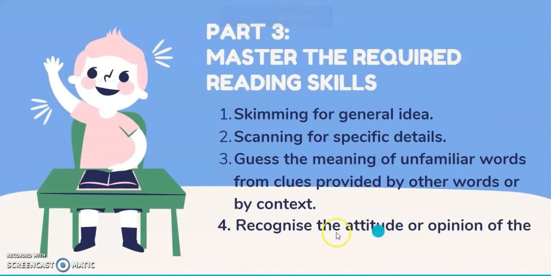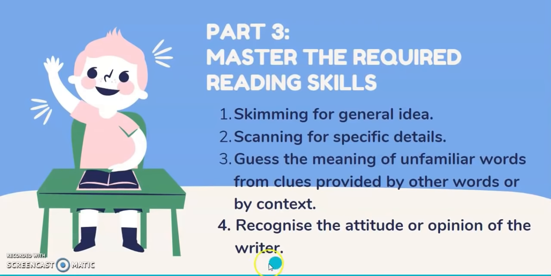One more skill that is important is to recognize the attitude or opinion of the writer. We can do this when we skim through the text. This is a very important skill that will help us to answer some of the questions too. For example, if we could identify whether the writer has a positive or negative attitude towards a certain situation, it helps us to decide what could be the possible words used to describe the character's feelings or actions.